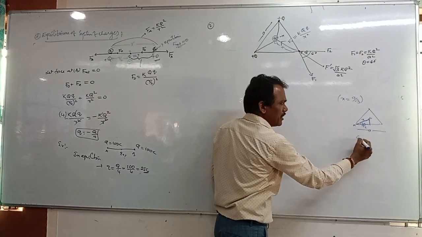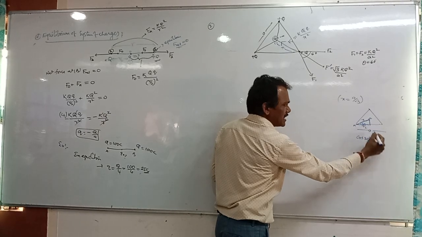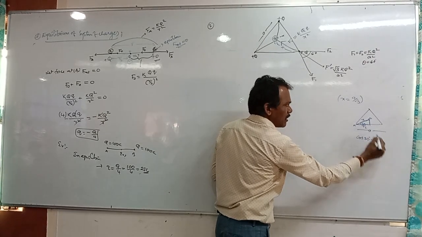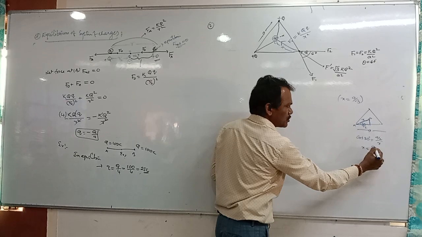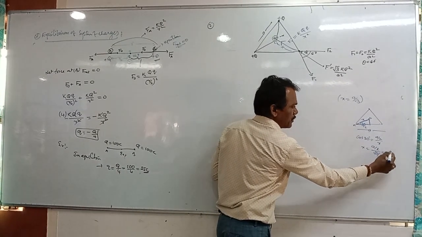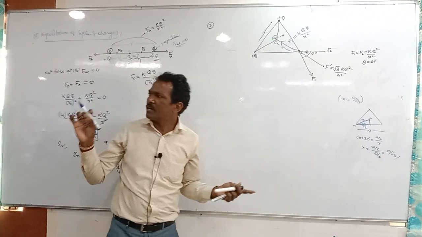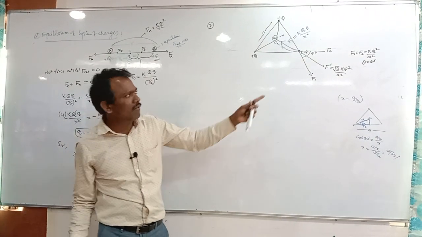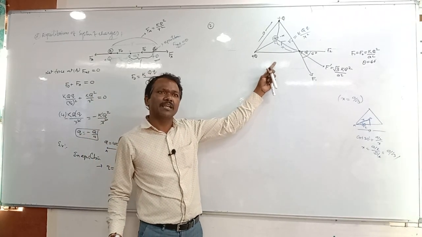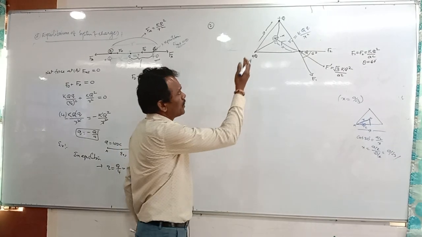So adjacent side, we know that cos 30 degrees is equal to adjacent side A by 2 by hypotenuse X. X is equal to A by 2 by cos 30, root 3 by 2, that is A by root 3. From the center to the corner of an equilateral triangle, X is equal to A by root 3.